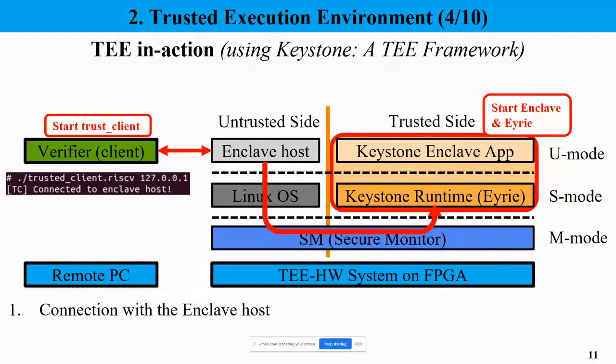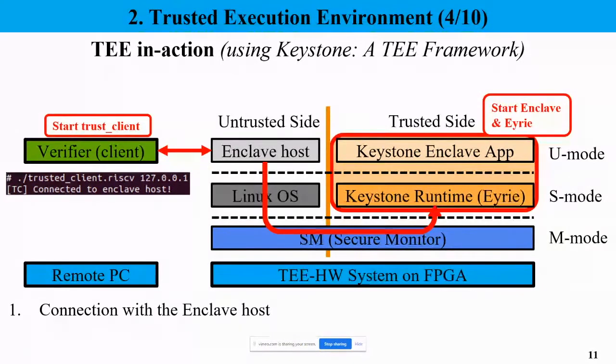First, the client on the PC makes the connection to the enclave host. This host program cannot be inside of the untrusted side, so the enclave application is activated using the Keystone API. This interfaces with the Keystone runtime, named Eyrie, which runs in supervisor mode.